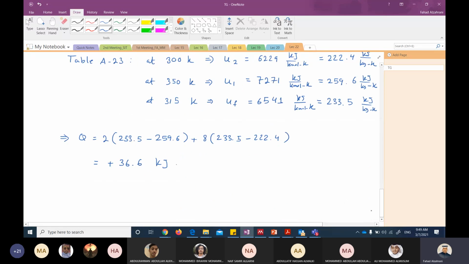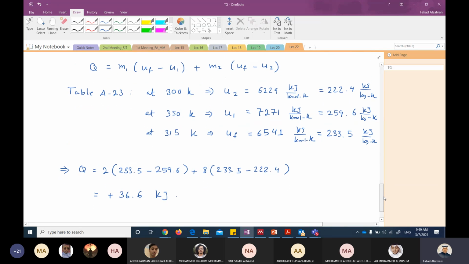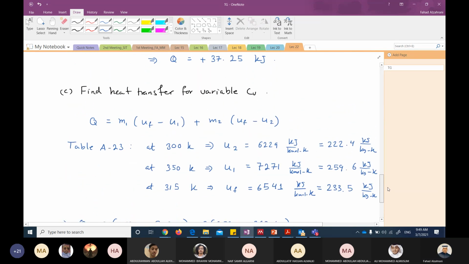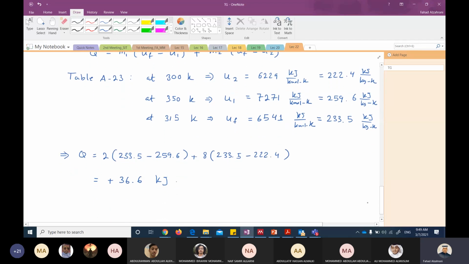Again, which method is more accurate? I believe the second one, because Cv is a function of temperature, and the tables give you the actual properties as a function of temperature for the ideal gas.